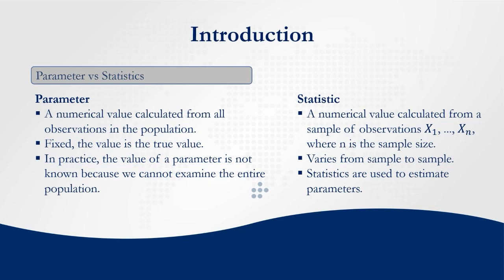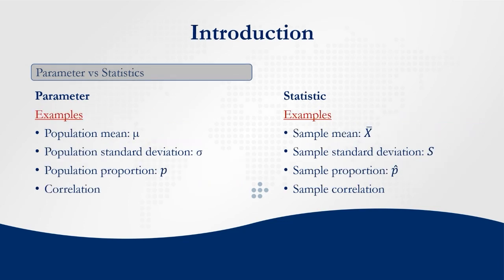I've already made reference to the population mean: if I can measure all the units within my population and what I'm computing is an average, I'm going to get a population average or population mean, which is denoted by mu.